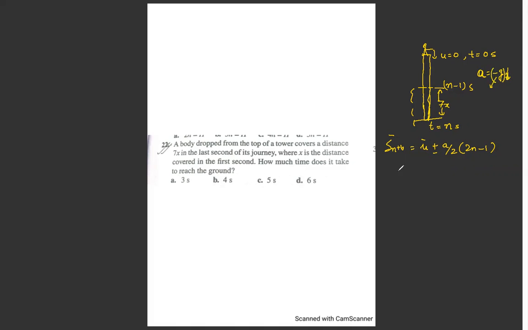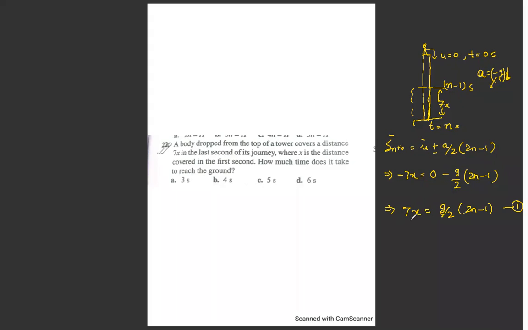S nth is also downward, so we write it as minus 7x. Initial velocity is 0, minus g by 2 into 2n minus 1. I am doing this question because many types of questions could be asked in this method. Negative and negative cancel, so we get 7x equal to g by 2 into 2n minus 1. This is our first equation.